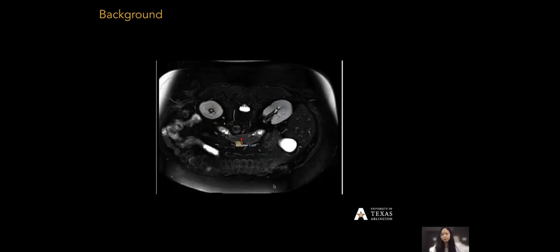So just to show this example, if we want an expert to label this, it's very time consuming because we need to ask them to draw the contour and also to assign different types of disease labels.